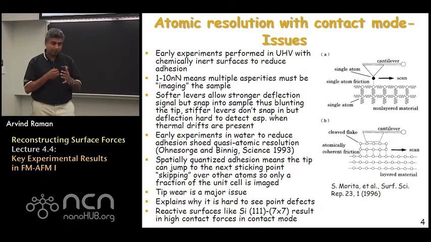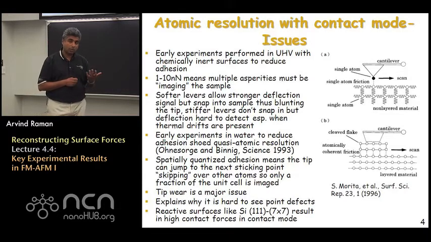Now, to get over this problem of the tip-sample snap-in and how it might damage the tip when you do contact mode AFM, some early experiments, like I showed you, tried to do contact mode AFM scans in water where the adhesion forces are significantly reduced. So this was one way to try and circumvent this shortcoming.